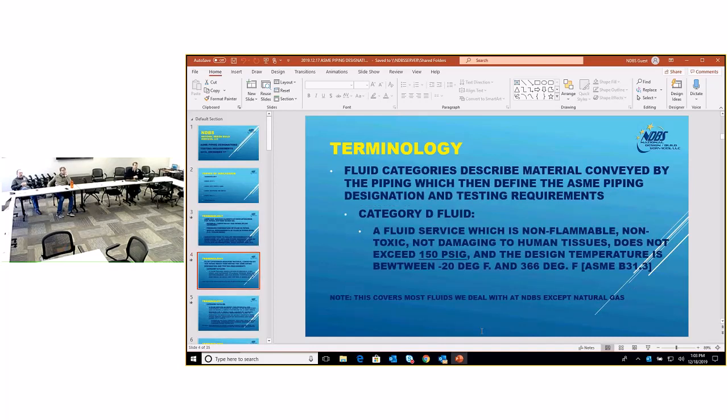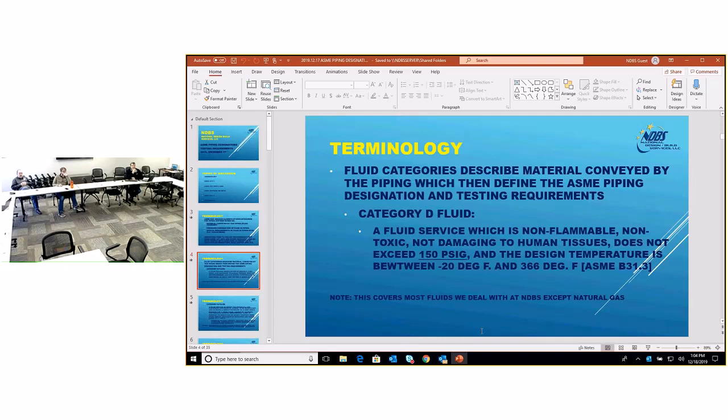All right. So I wanted to jump into fluid categories a little bit. So there's a normal fluid, there's a category D, category M, and special fluids. So I wanted to touch on category D fluids and category M fluids.